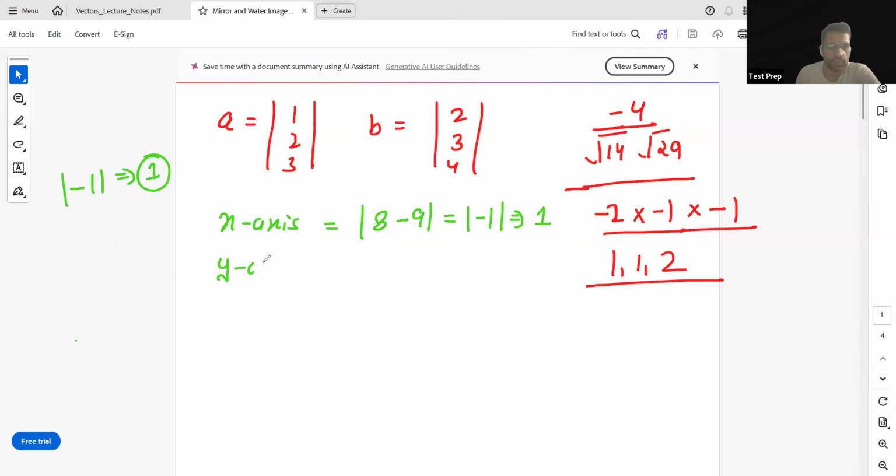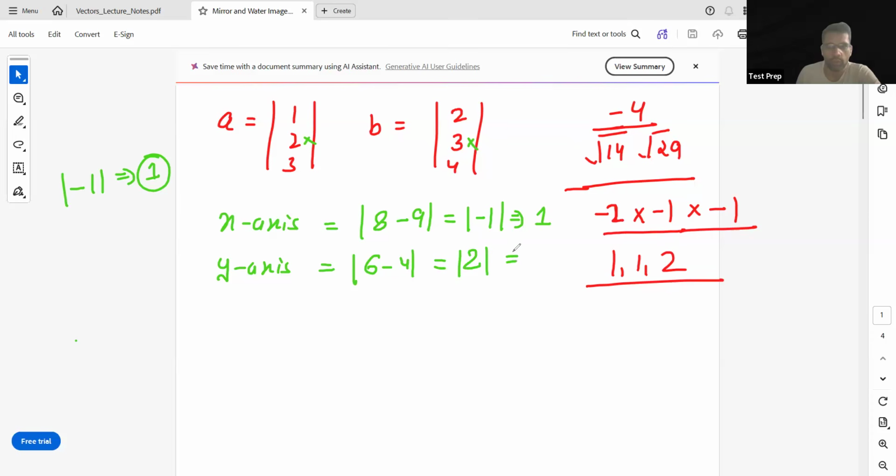Now for the y-axis. 2 and 3 will be eliminated. So 3 into 2 is 6, minus 1 into 4 is 4. So mod of 6 minus 4, 2.